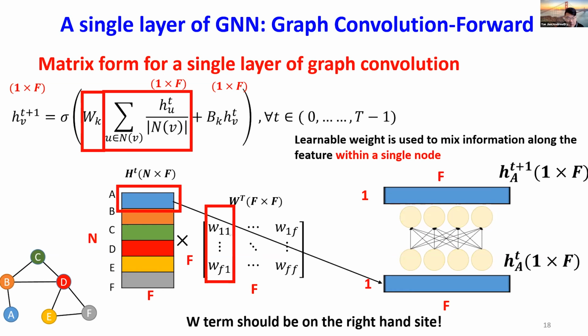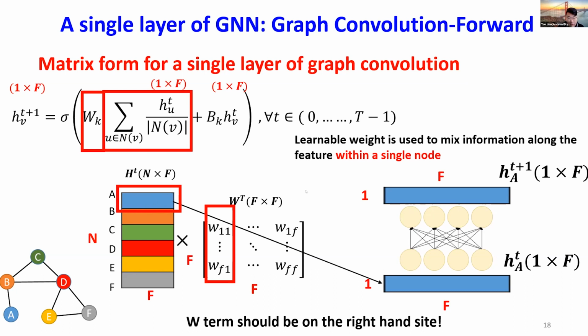So in this way, with the adjacency matrix on the left-hand side and the node feature matrix on the right-hand side, we can reach the effects of mixing the features among the different nodes and within the single nodes.